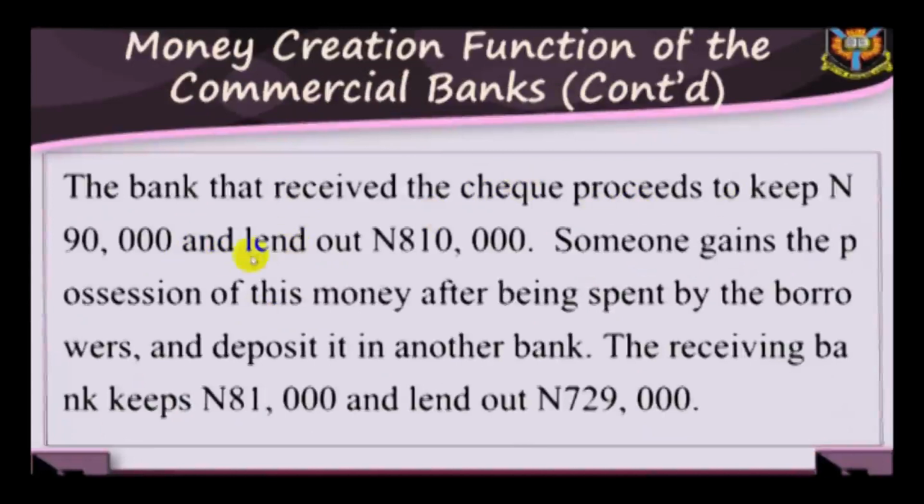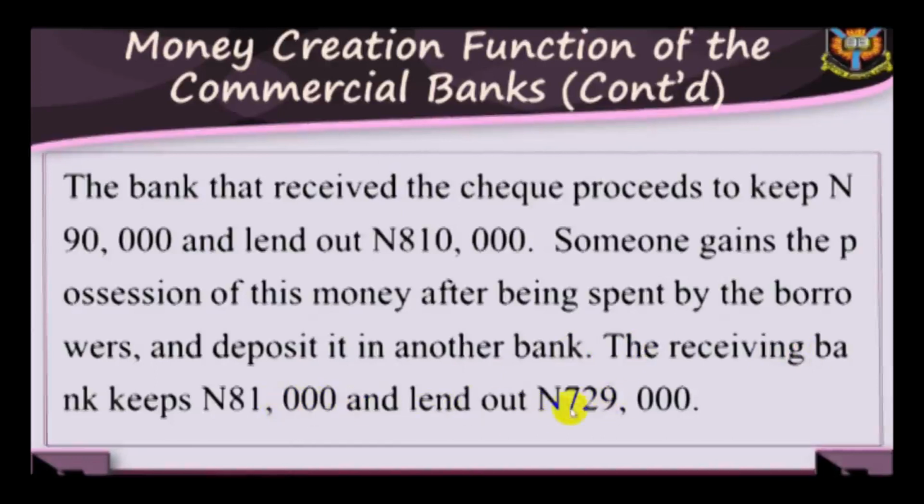The bank that receives the check proceeds to keep 90,000 and lends out 810,000. Someone gains possession of this money after it is spent by the borrowers and deposits it in another bank. The receiving bank keeps 81,000 and lends out 729,000.